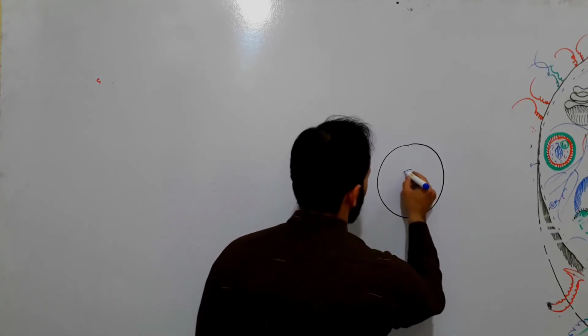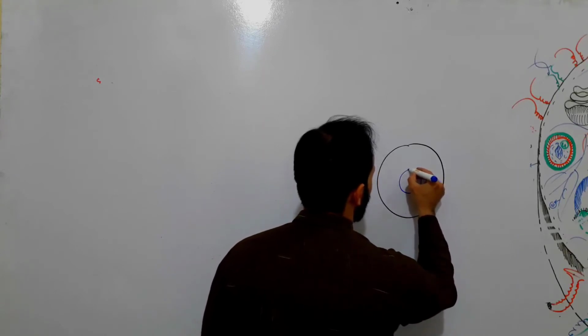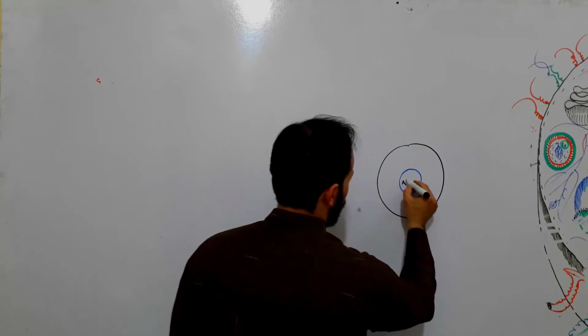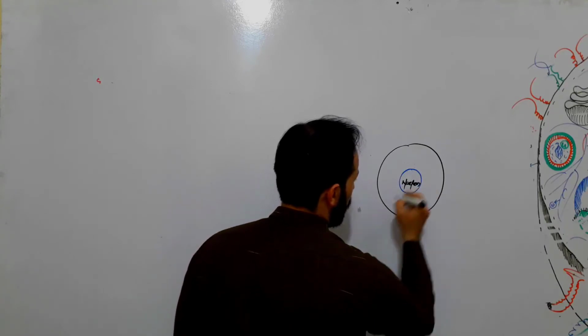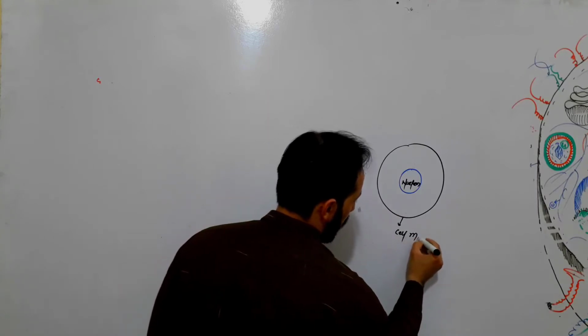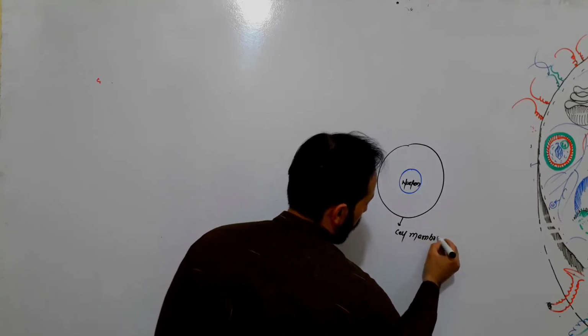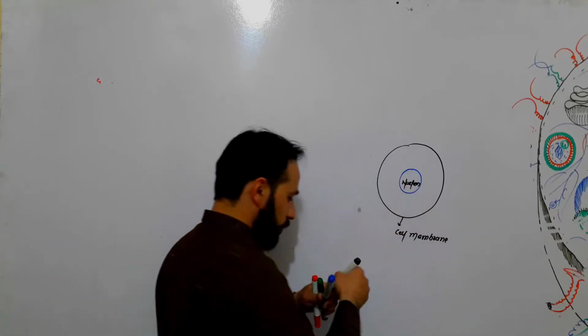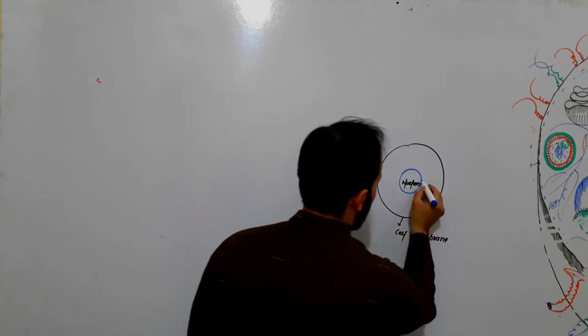Then in the animal cell, in the center of the cell we have a nucleus, right? So this is our nucleus, and this is our cell membrane. And if this is the nucleus, this should be our nuclear membrane.